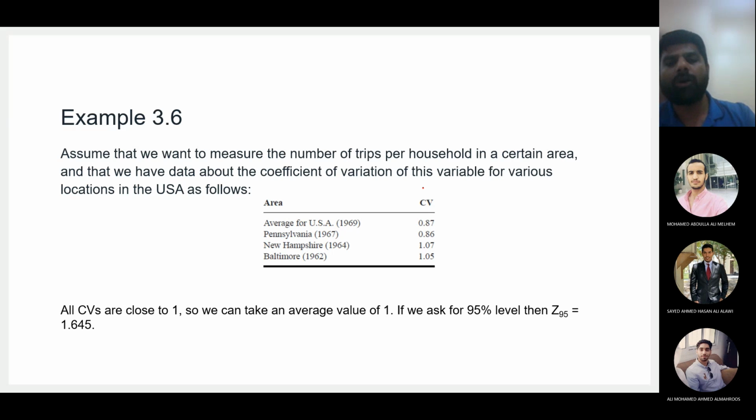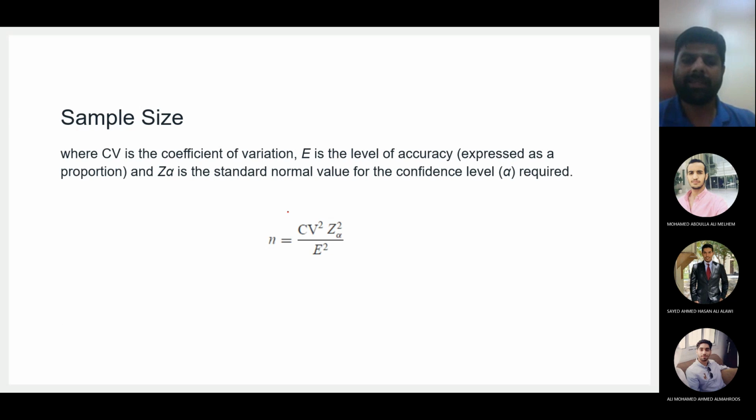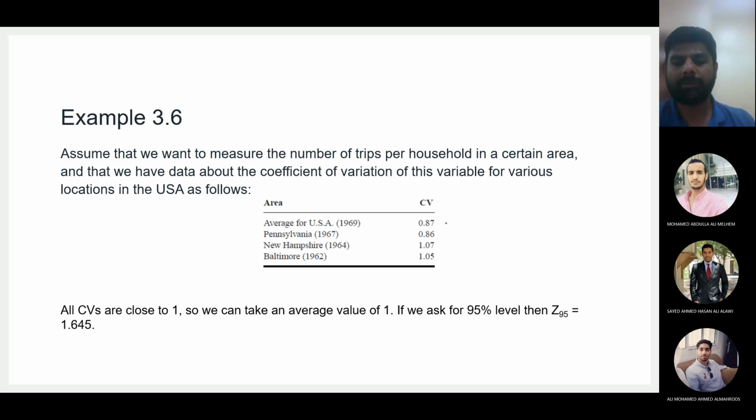Whatever area they are selecting for their calculations right now is similar to these areas, and it is obviously part of the USA as well. So they are saying use these coefficients of variation and tell us how many samples we should collect. I needed the coefficient of variation, which is already given now. They did not give me one value, multiple values.